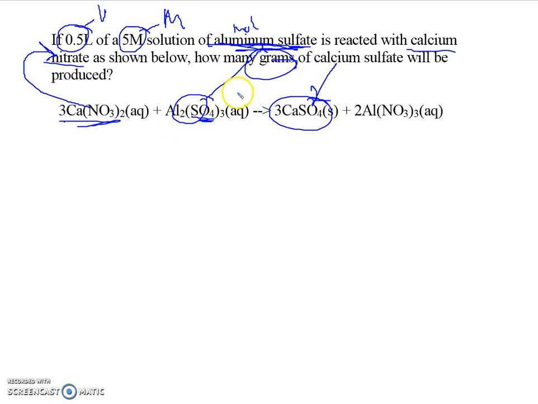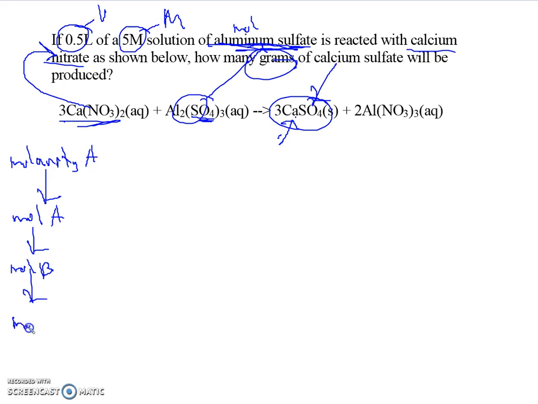And then I can use this equation to find my moles of calcium sulfate and then my grams. So basically, we're going to go from molarity and volume of one chemical to moles of that chemical to moles of another chemical to mass of that final chemical.